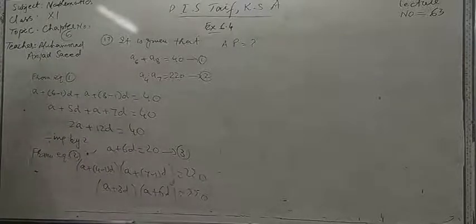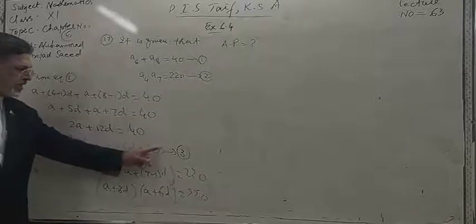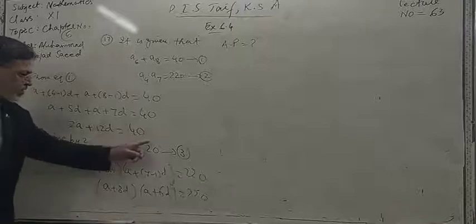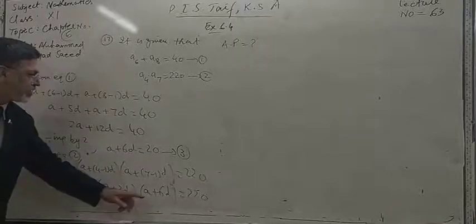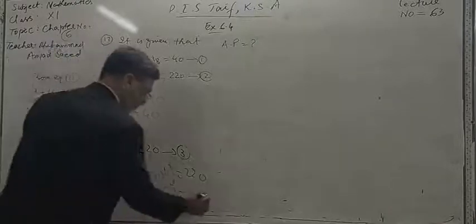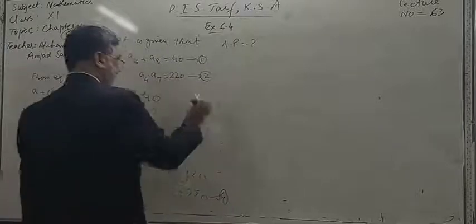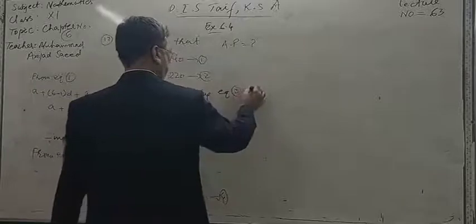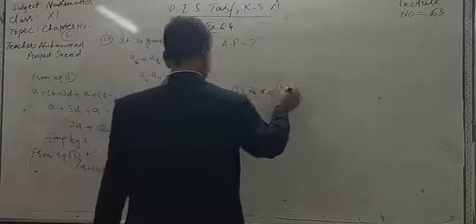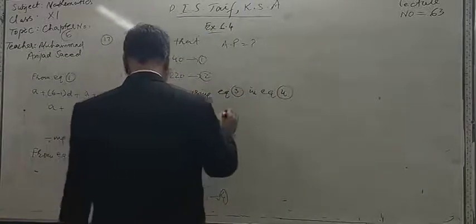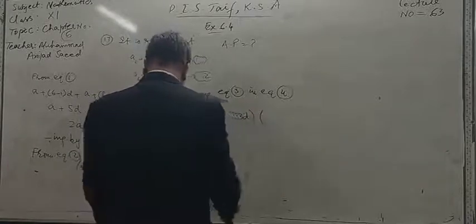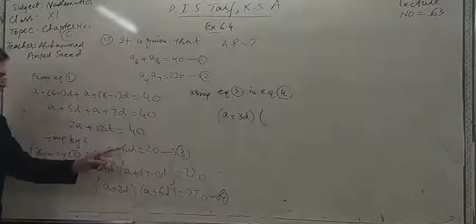Dear students, we have a plus 6d is equal to 20 in equation number 3. So you can use equation 3 in this equation, equation number 4. Using equation 3 in equation number 4, we have a plus 3d into a plus 6d is equal to 220.